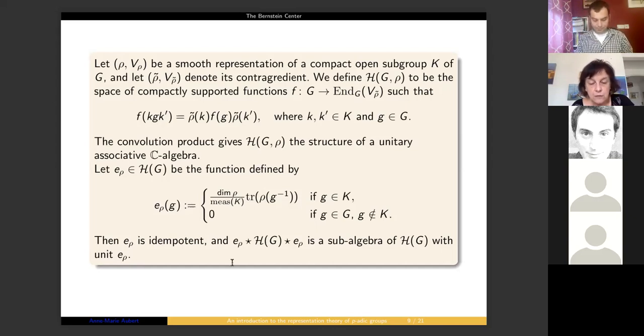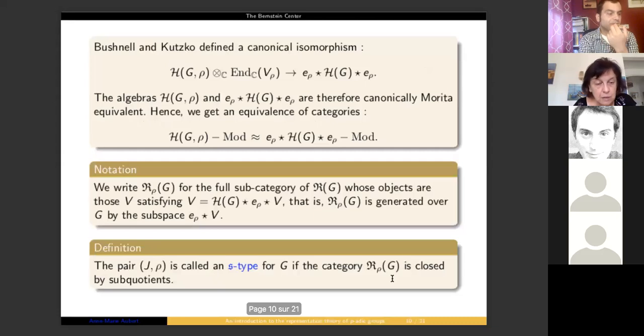And you can consider the corner algebra associated to this idempotent. It is the algebra e sub rho star H(G) star e sub rho, where star is the convolution. And this one is a subalgebra of H(G) with unit e sub rho. So the big algebra H does not have a unit in general. So now we have a smaller algebra.